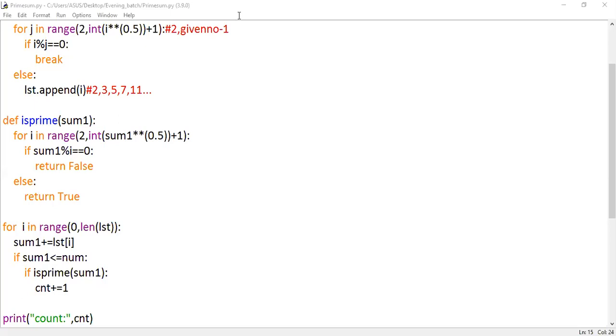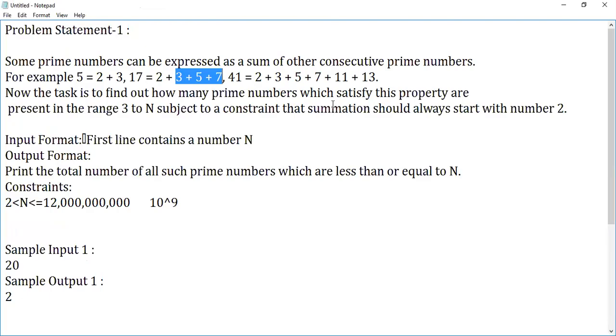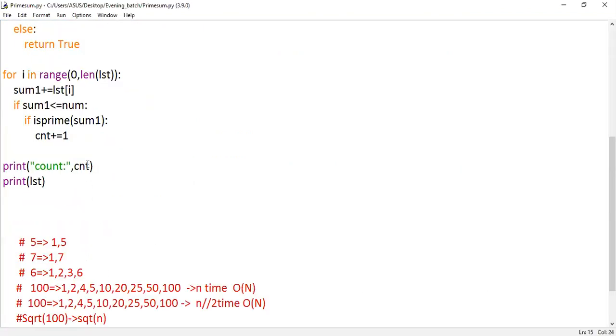We are not supposed to include the value 2. So this is what they have said. Let me show you the question again. The rule is 3 to n. If you are including it, you can write just one step here: the given number count minus 1 can be taken. Either you avoid it with not equals to 2, or you can write count minus 1.